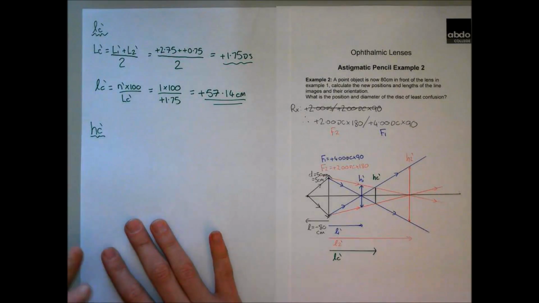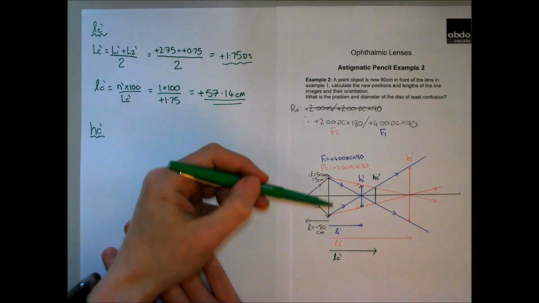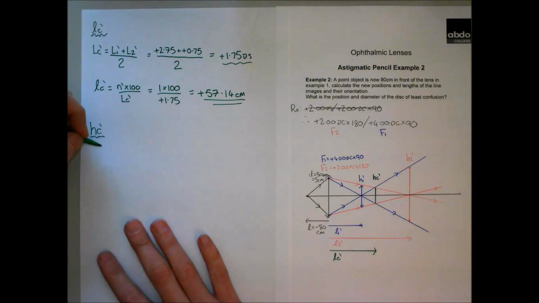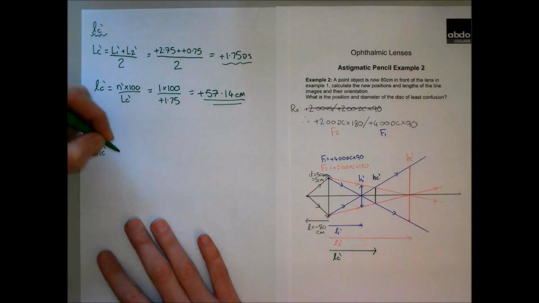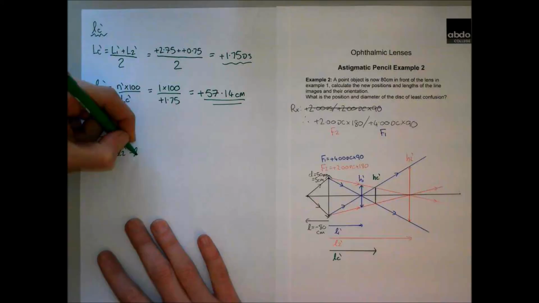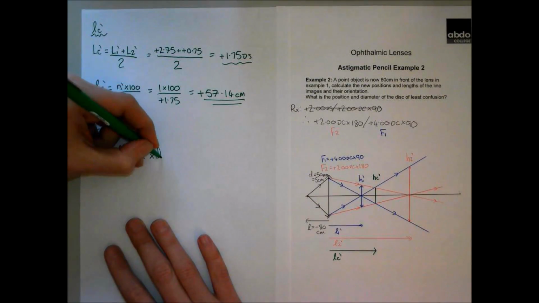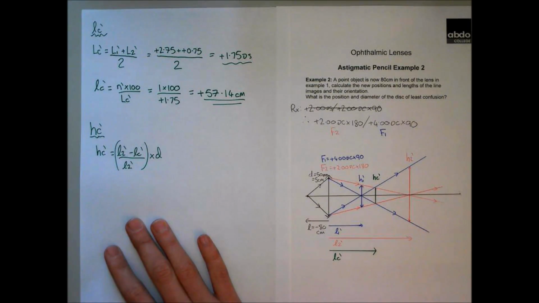is the size of the disk of least confusion. And again, you can do this by similar triangles, or you can do this by using the relationship between vergences. Because we used the similar triangles in the lecture, I'm going to use the similar triangles again here. So we're going to use the same formula from your lecture sheet. HC dashed is equal to little L2 dashed minus little LC dashed, all divided by little L2 dashed, and then again times by the diameter of the lens.